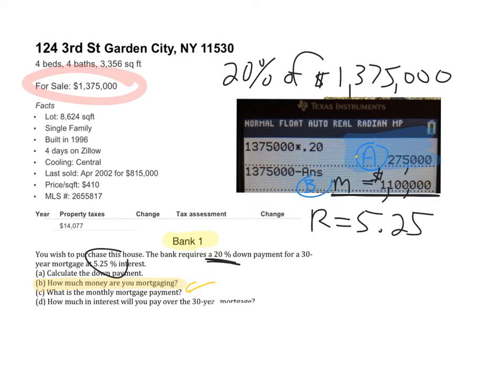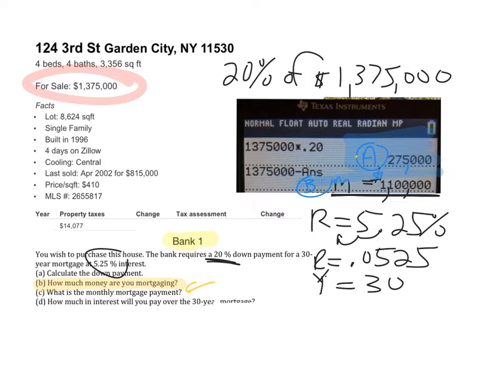So we're going to convert that to a traditional decimal. So your R is going to be 0.0525. And your time in years for banks, mortgages, it's traditionally 30 years. So your three values are M, 1.1 million, R, 0.0525, and Y, 30.